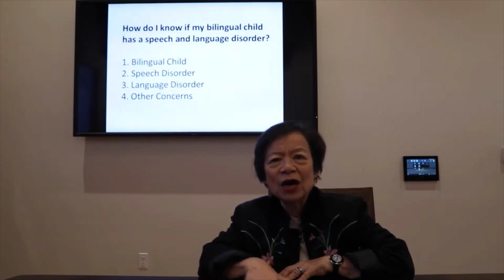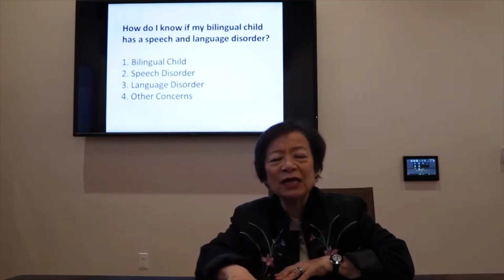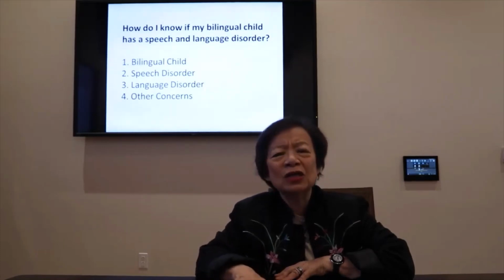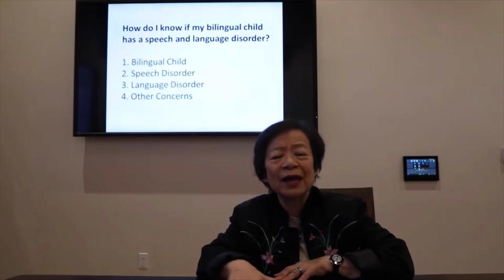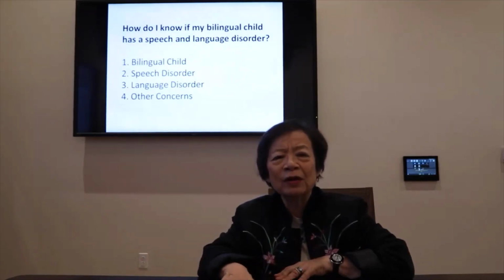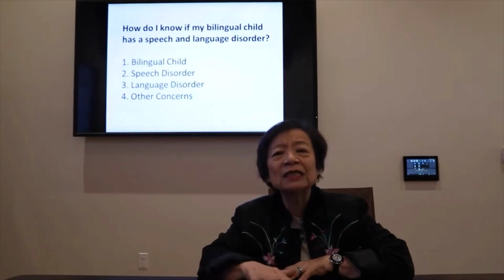Now, in the home environment, in the United States, there are hundreds of languages being spoken at home. The degree of fluency in the home language is different. The degrees are different.